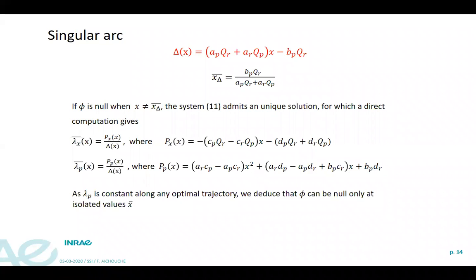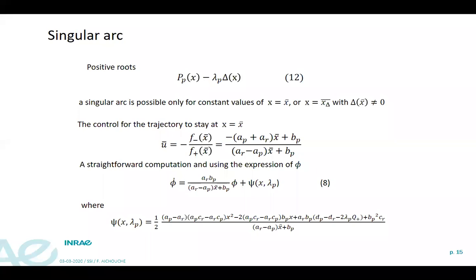The discriminant of the system 11 is given by delta of x, which is nil for a particular value x delta bar. If phi is nil when x is different from x delta bar, the system admits a unique solution, for which direct computation gives lambda x bar and lambda p bar.